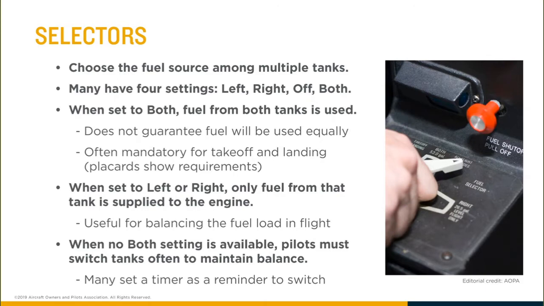So typically at takeoff, it's set to both because you want to make sure you have plenty of fuel. But you're not guaranteed equal usage, because that has to do with the fuel pumps and the way that the fuel is guided to the engine.